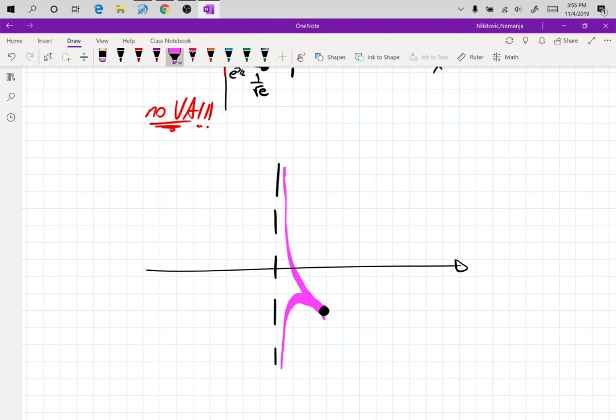The top one is a no-go because it doesn't have an x-intercept there, so you can't do that. The other one has multiple issues. One is it spawns a maximum that doesn't exist, so there's no way for an asymptote to be there. So that's how you detect that there is no asymptote.